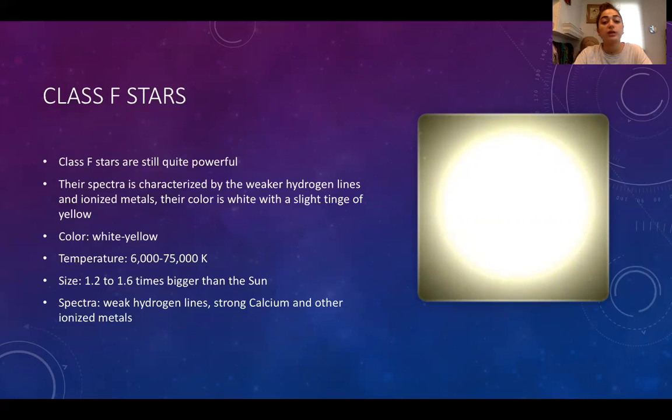Their spectra is characterized by weaker hydrogen lines and ionized metals, and their color is white with a little bit of yellow. So their temperature is around 6,000 to 75,000 Kelvin. Their size is 1.2 to 1.6 times bigger than the sun. And they have weak hydrogen lines, strong calcium, and other ionized metals.